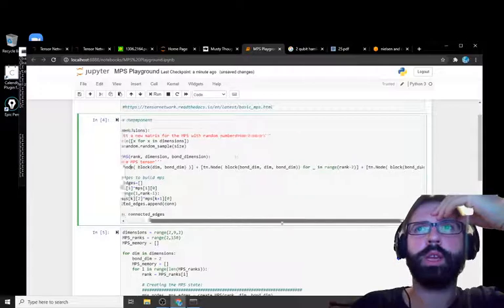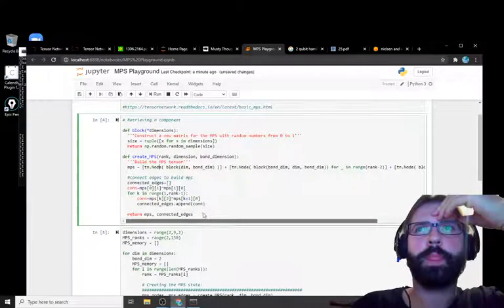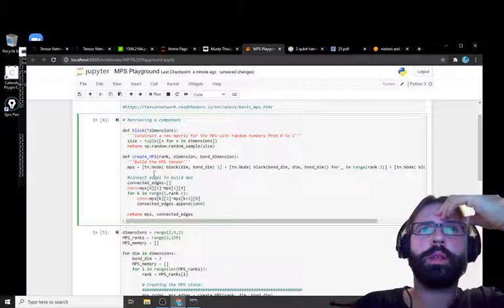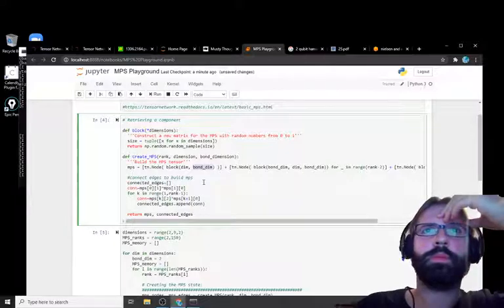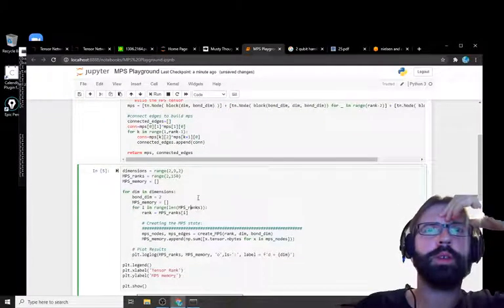And so it creates a block of dimension 2 with bond dimension... So dimensions 2, ranks 2 and 150.